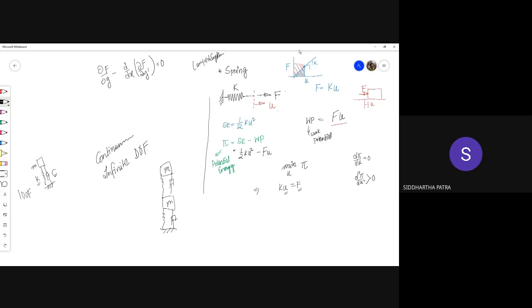So this is an approximation with a limited number of degrees of freedom, and this approximation can give you pretty accurate results in different circumstances.